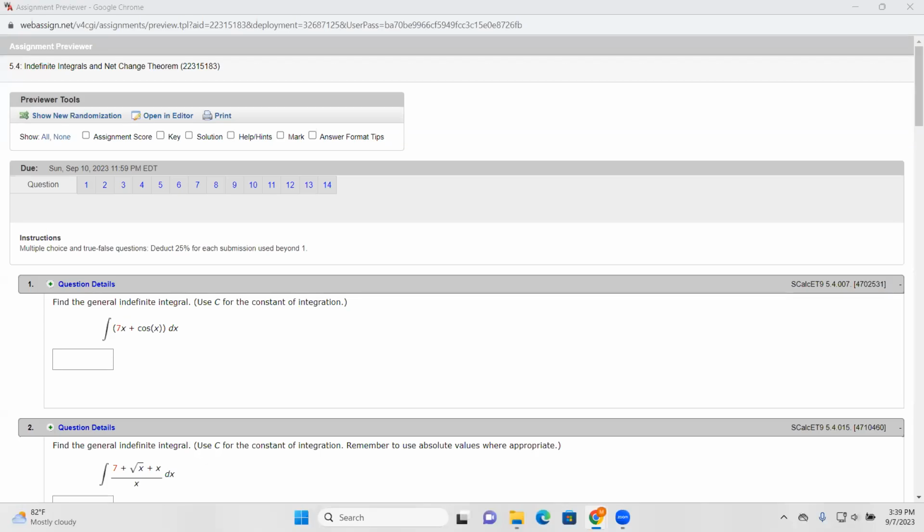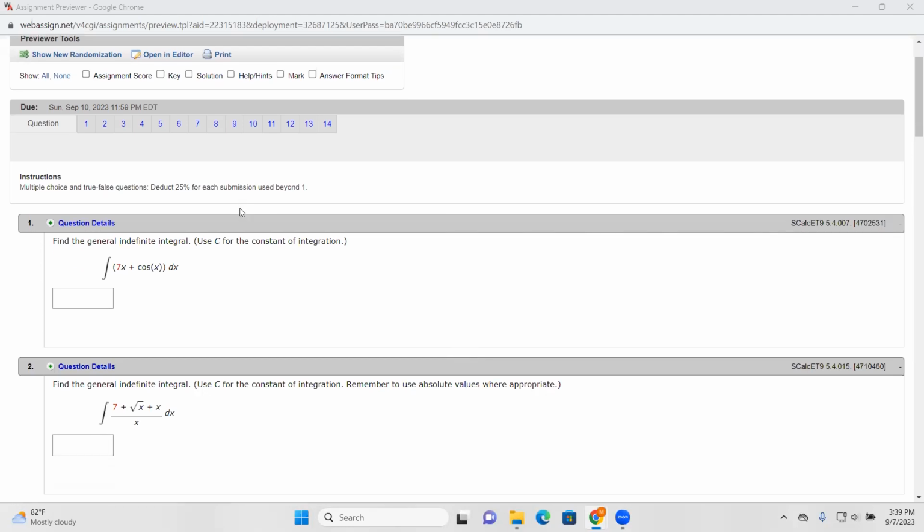All right. So let's take a look at the exercises from section 5.4. Most of these first collection, or I guess about the first half of the exercises, are really just practice finding capital F functions.